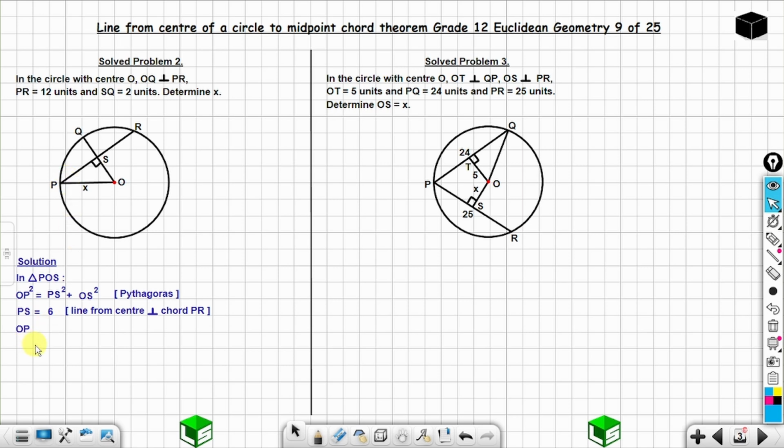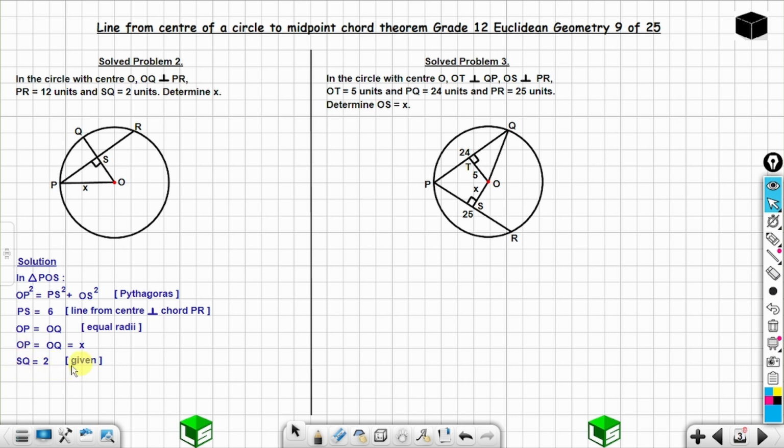So OP is equal to OQ, equal to X. The reason is equal radii. Now you are given SQ is equal to 2 units.